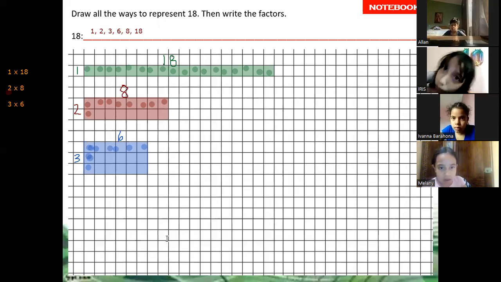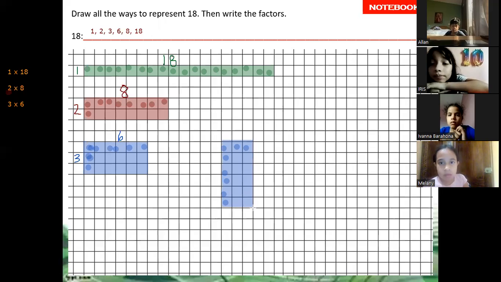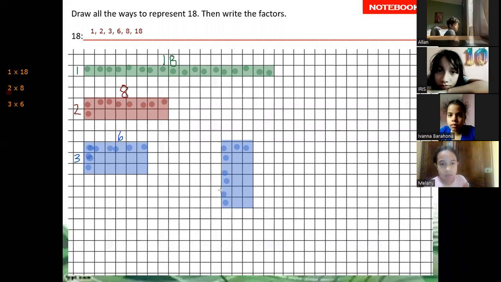So again, I am going to repeat this information. If you have this one, 1, 2, 3, 4, 5, and 6, 2 and 3. If you have this, what are the factors of this model? This, the last one I drew here. Factors of this. 3 and 6.